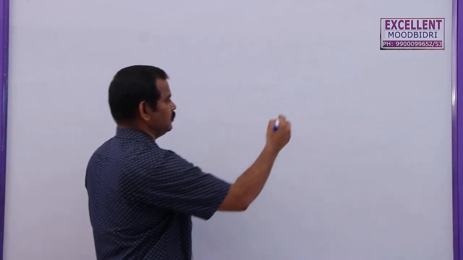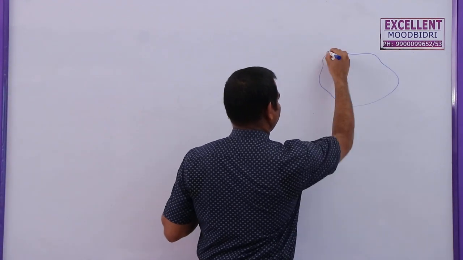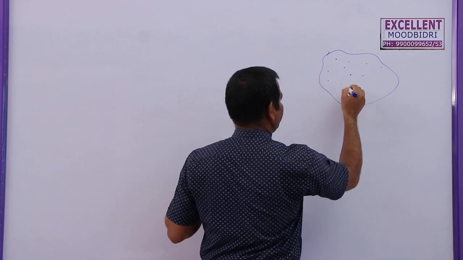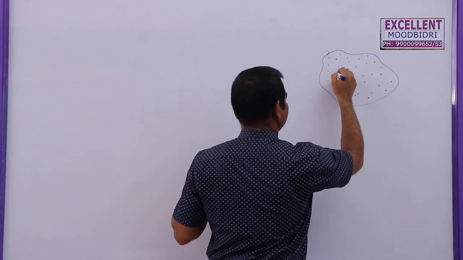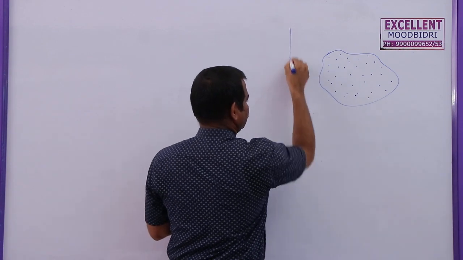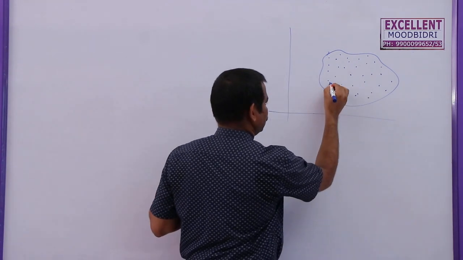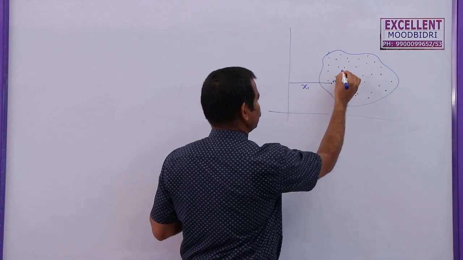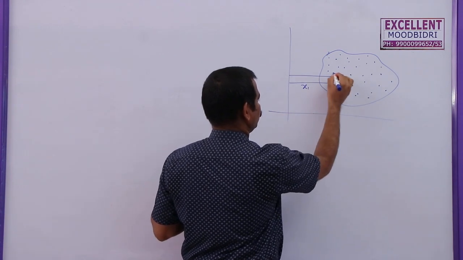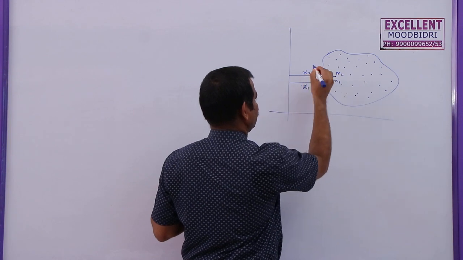If you consider a system of so many particles, and let us say this is the axis, this is m1 and the distance of this one is x1, this is m2, x2 and so on.